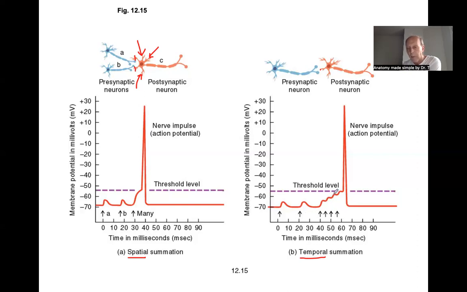So we're going to experience gradual climb, almost like climbing a flight of stairs, until we reach the level of -55, the threshold. And at that point, we know that we are successfully stimulating the postsynaptic neuron to fire its action potential.